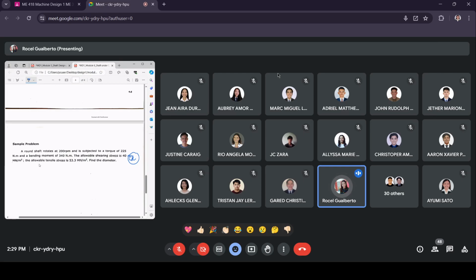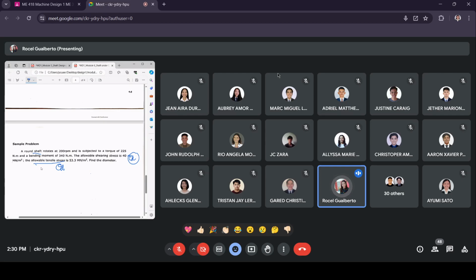Whereas this one, allowable tensile stress, this is your sigma D. So, the two are given already, tau D and sigma D. And this is simply mentioned as a shaft. No definite specification. No AISI name is given. So, it is a commercially available shaft.